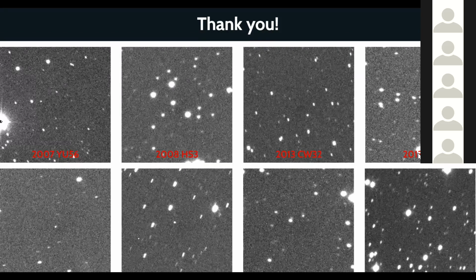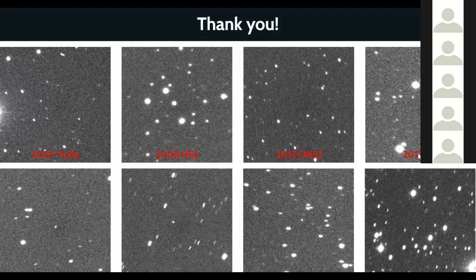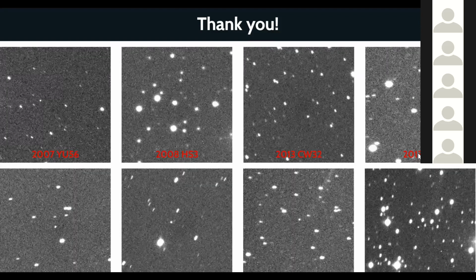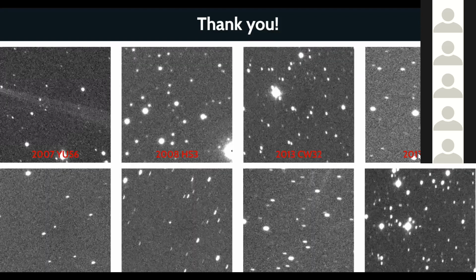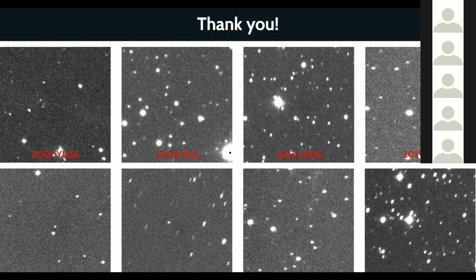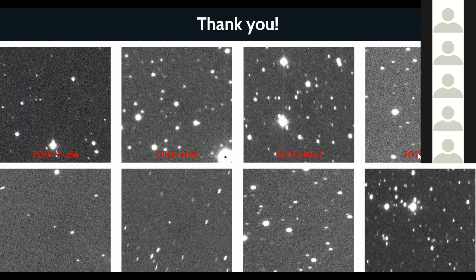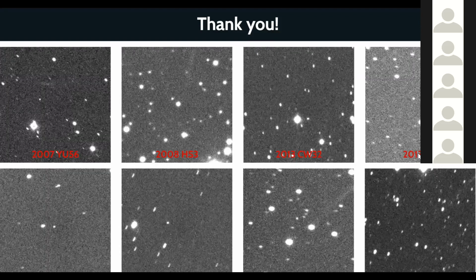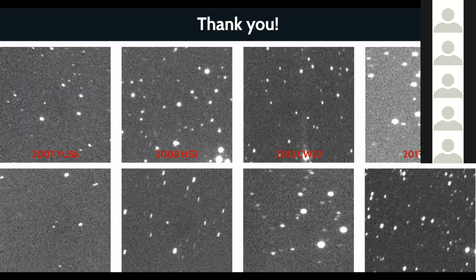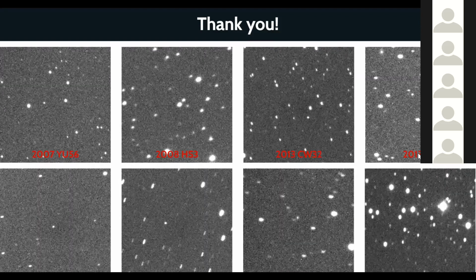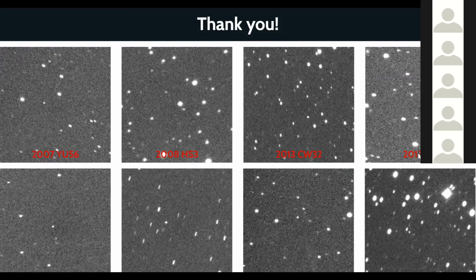I think we have a general idea of what most of them are made of. The majority of near-Earth asteroids are silicate-based, so they're just stony, basically just a rock. And then they are also carbon-based.